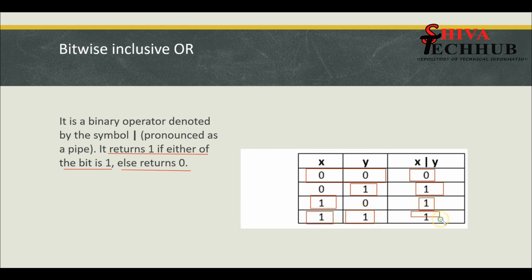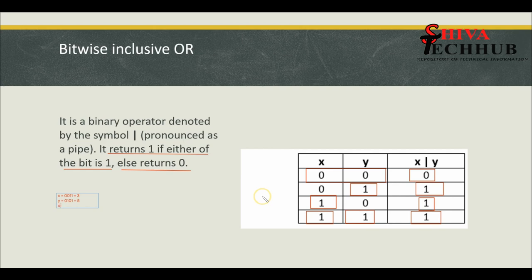Okay, so it has written 1. So that is how you will be doing the bitwise inclusive OR. Let us write it down to check the decimal equivalent of the result. x equal to 0011, which is the same as 3, y equal to 0101, which is equivalent to 5.